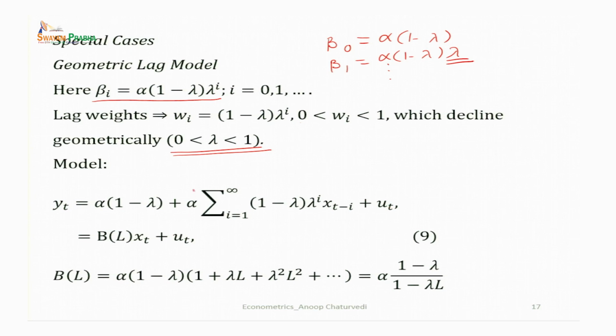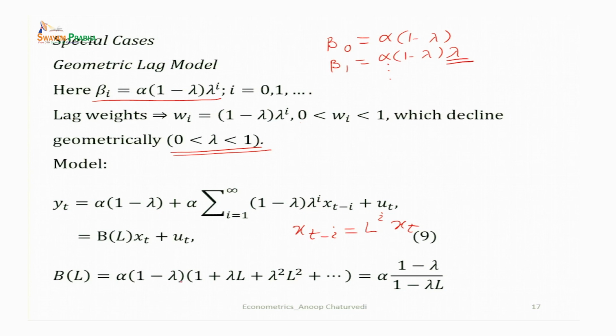So, we have substituted the value of beta i here, or we write it as B L x t plus u t, where B L is equal to alpha into 1 minus lambda, plus for i equal to 1 you get alpha into 1 minus lambda into lambda, and then you have the lag operator here, actually x t minus i is equal to L i x t, plus again you have alpha into 1 minus lambda into lambda square L square and so on.